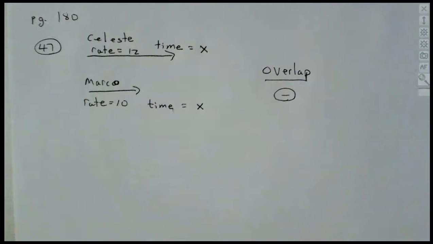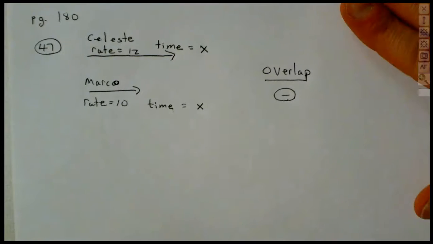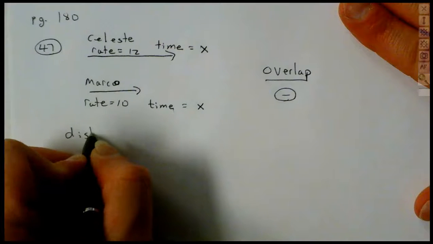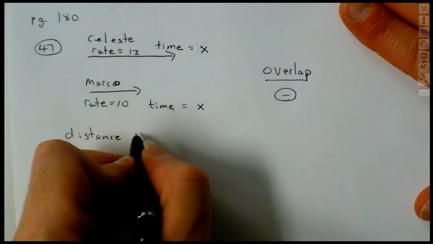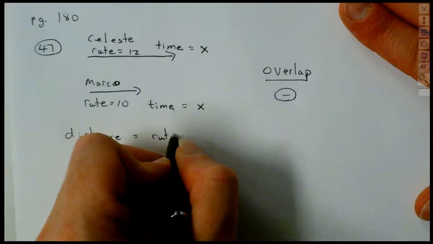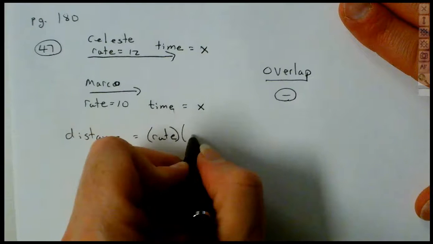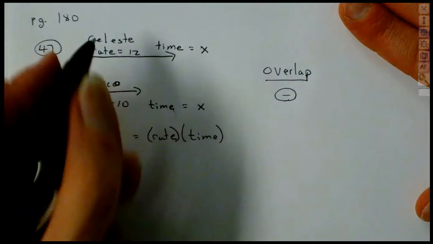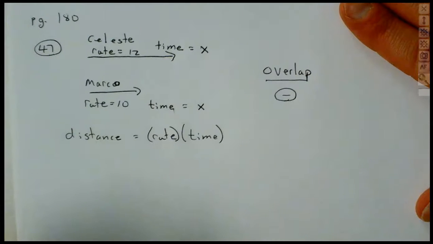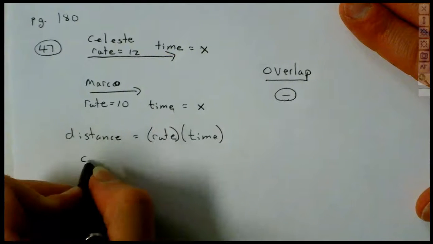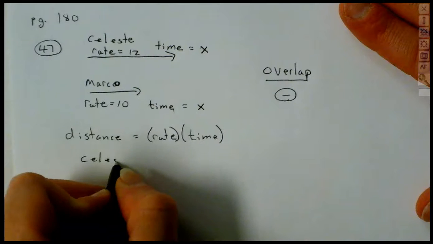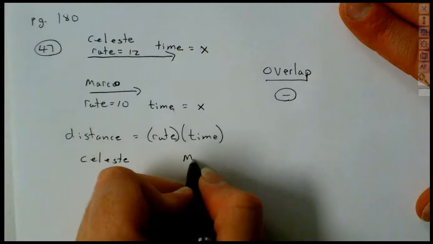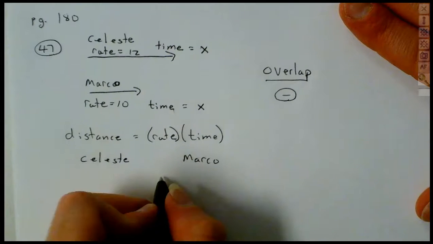Now, we build our distance just like we did our interest and our period. And your distance is the rate times the time. And we've got our two bikers here. We've got Chelsea, and we've got Marco. And what are we going to have to do?